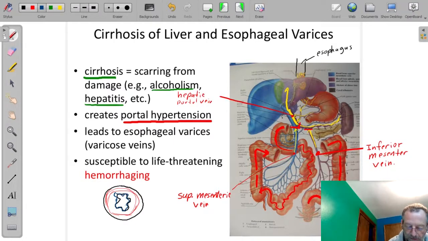So I'm going to label those as esophageal veins. And what can happen is that with this hypertension and the varices, which is plural for varicose veins, the varices then leak and they blow out, and then you start to bleed directly into the lumen of the esophagus.